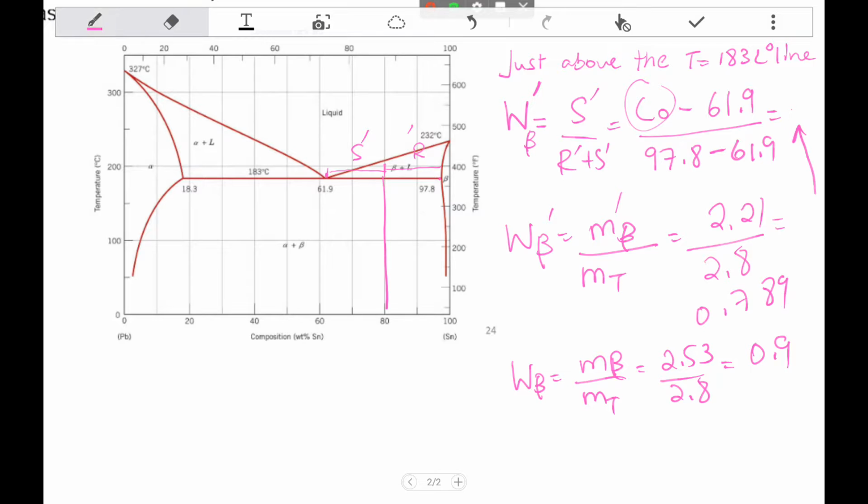That's this one here. So that's going to be 0.789 and 0.789, and we found C0 to be equal to 90.225%. Right on.